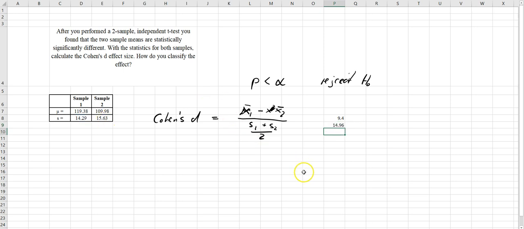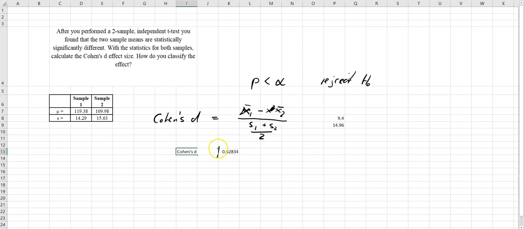So here we have the average, and all we need to do for our Cohen's d now is divide the difference in the sample means, which equals the sample mean difference divided by the standard deviation, and we get a Cohen's d of 0.63.